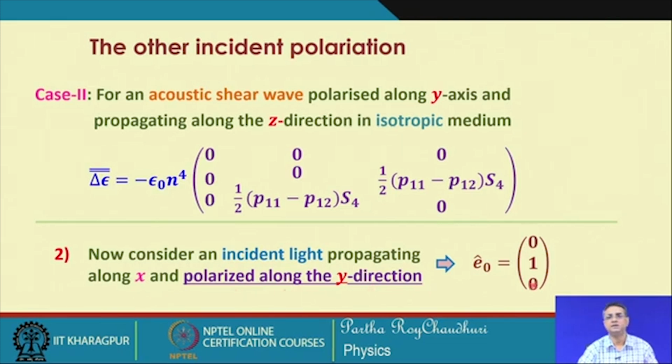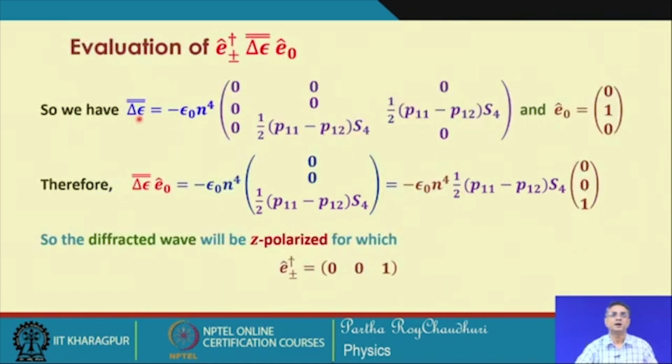Now, if we consider that the incident wave is propagating along x, but it is polarized along the y direction, then we will write the incident wave polarization in this form 0 1 0. And again we have to evaluate this quantity. If we post multiply with this 0 1 0, then if you multiply only this column, this will be the non-zero which appears here.